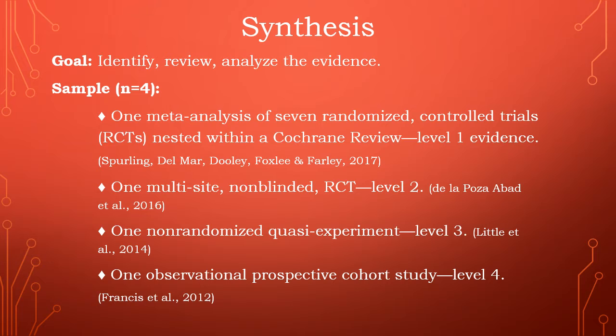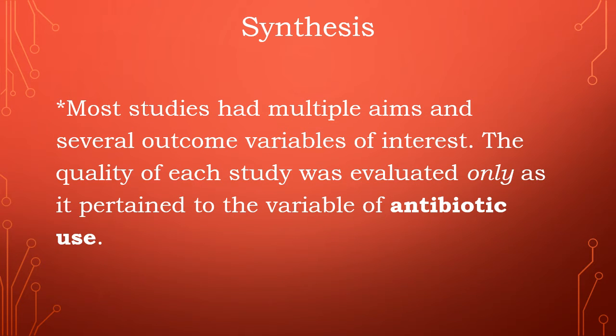Now, it was not intentional that there were 4 studies, each of which had an evidence level 1 through 4, but that was just the characteristics of the studies that I found. Now, I want to be clear that not many studies looked solely at antibiotic consumption or antibiotic use as the only primary outcome variable.